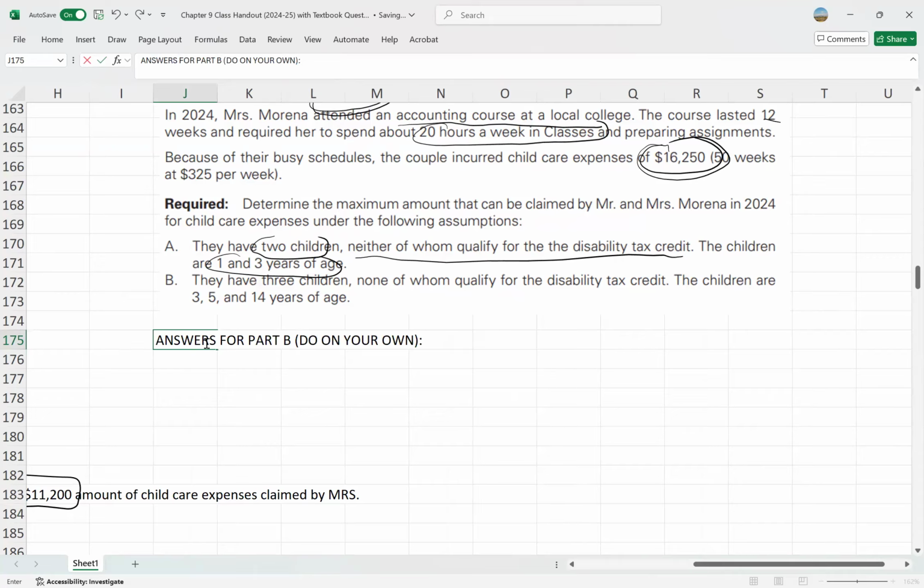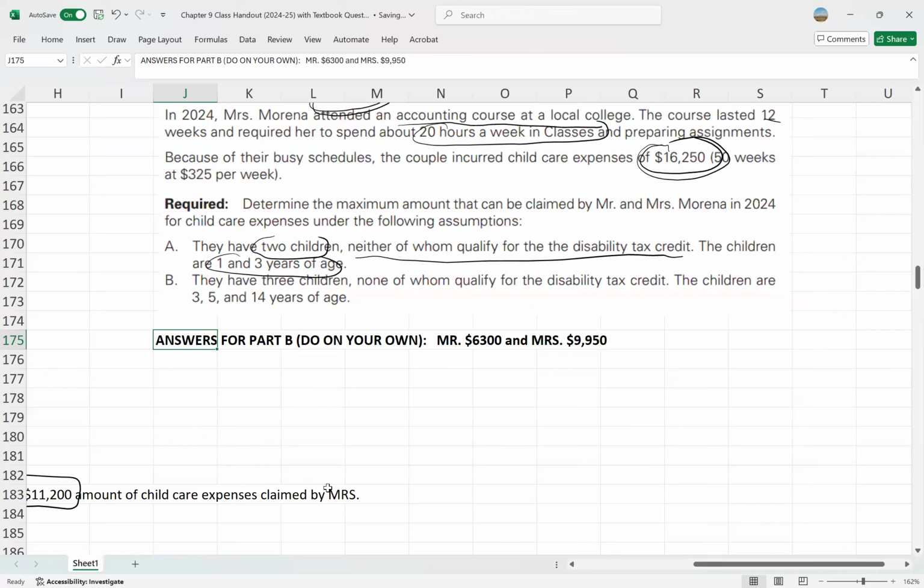So for part B, Mr. Morena can claim 6,300 and Mrs. Morena can claim 9,950. So I'll let you sort of work through that on your own when you are studying for the final exam.